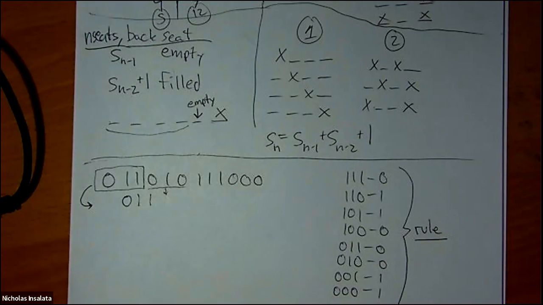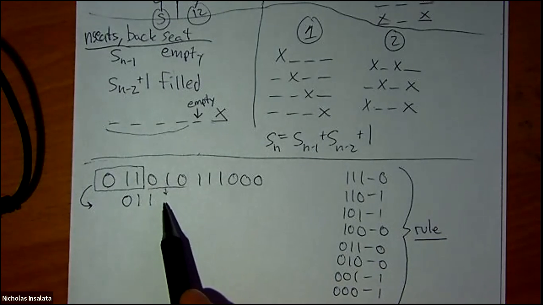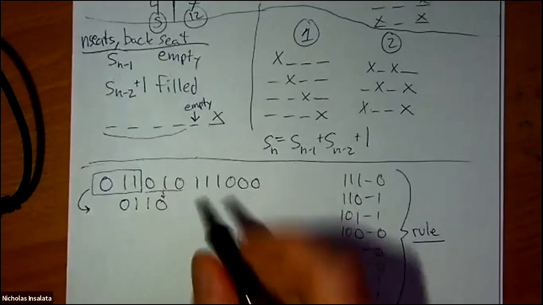So what should I put for my next entry here? 0, 1, 0 lives on top of it. So what does it generate? 0, good. This one, 0, 1, 0 gives us a 0 out. Okay, let's do the rest of them.